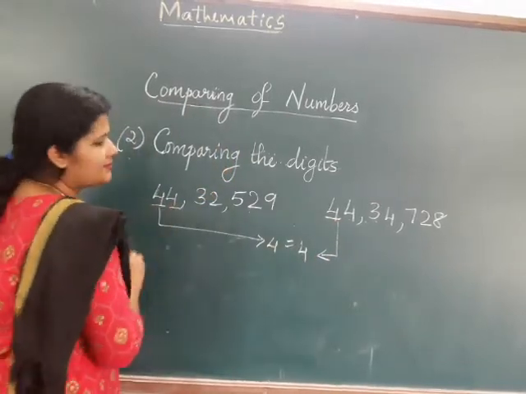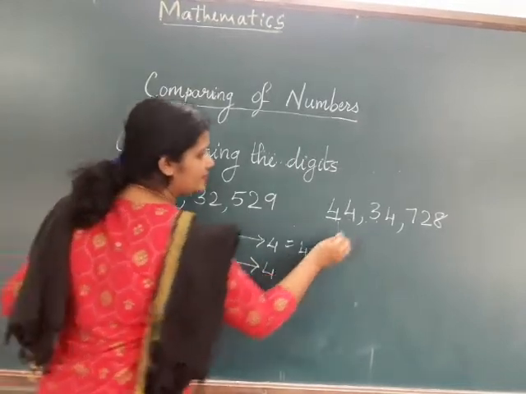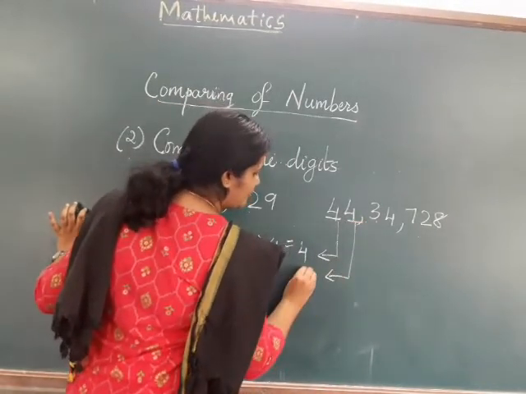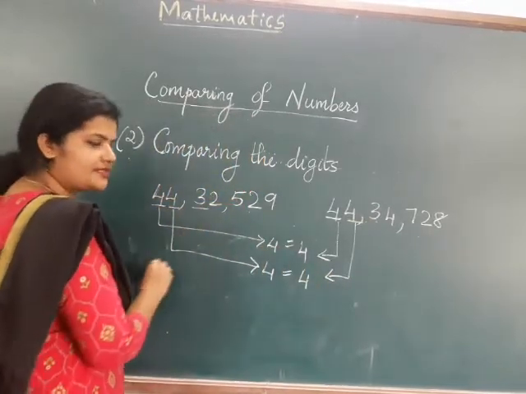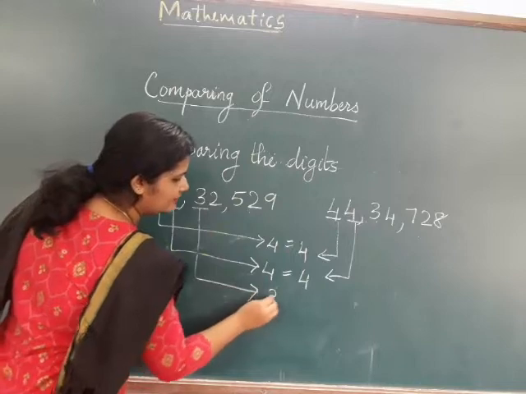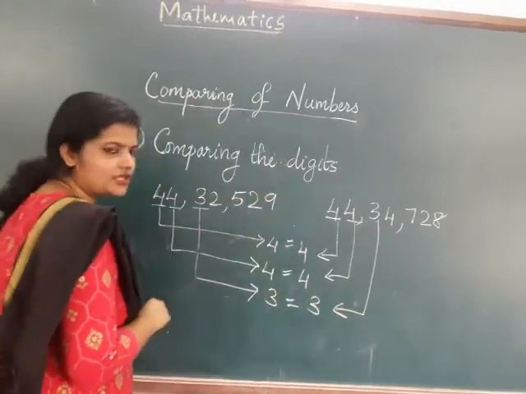Again comparing the next digit, we have 4 in this number and here also 4, which is equal. Then the next digit is 3, and again we have 3 here, which is equal.